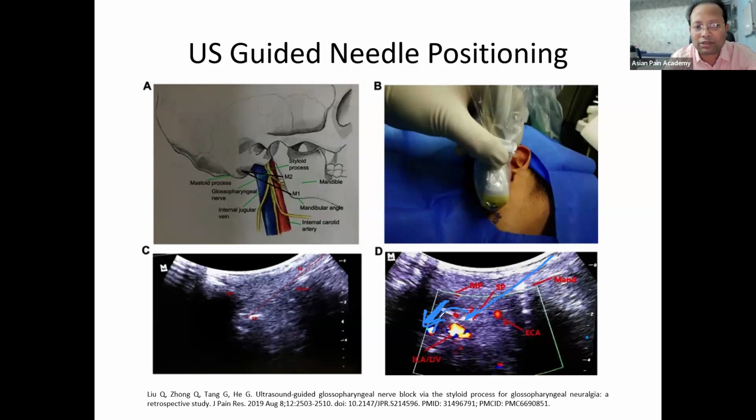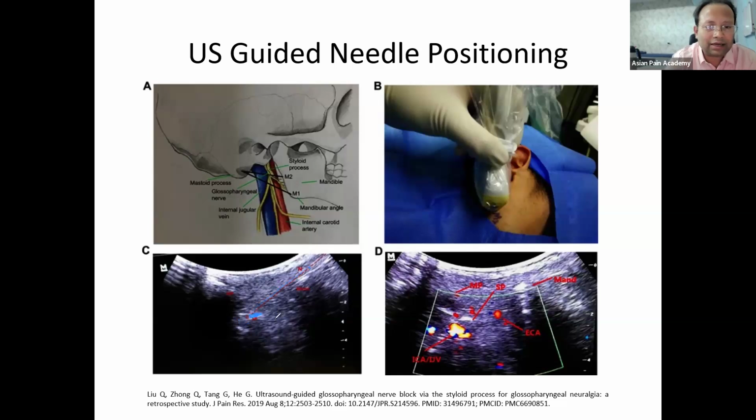You will slide posteriorly and go 1 centimeter deeper. Okay. Here actually this cannot be total mastoid process because mastoid process is not that big, but then this is just like mastoid process. Your needle will come from anterior side, just slide by this and go 1 centimeter deeper, and you will inject there.